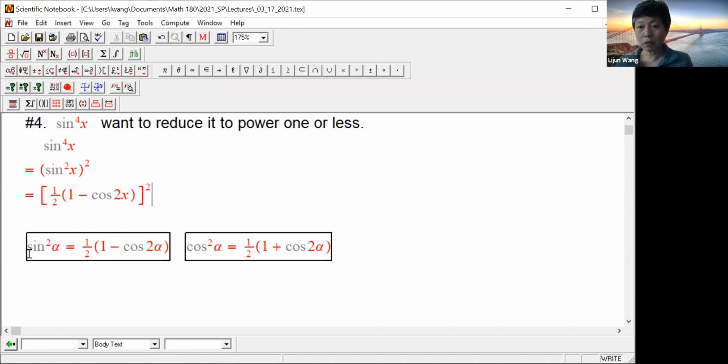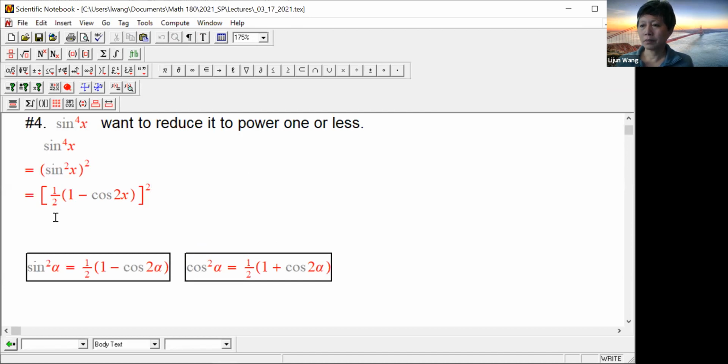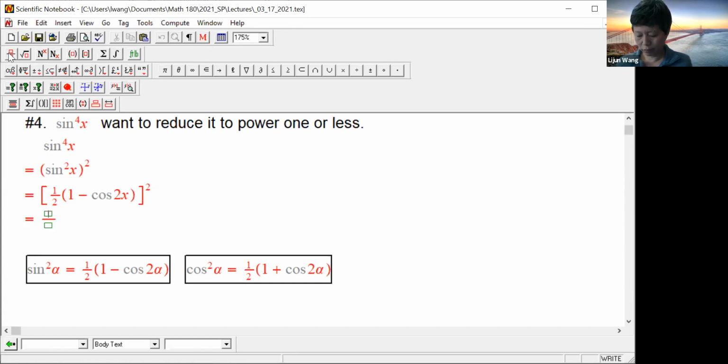These 2 formulas are actually used more often than the other 4, but the other 4 are also used. And next, we're going to square the half, and we're going to square the parentheses. So when we square the half, we're going to get a quarter in front of it.